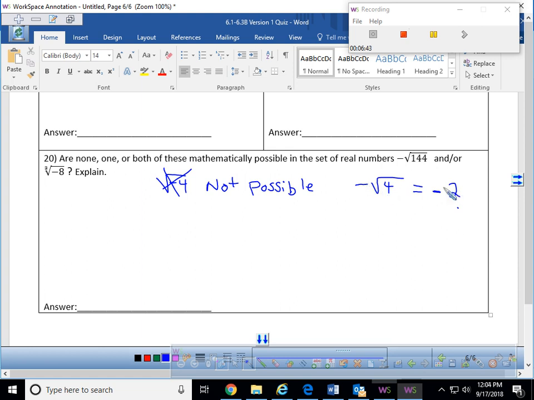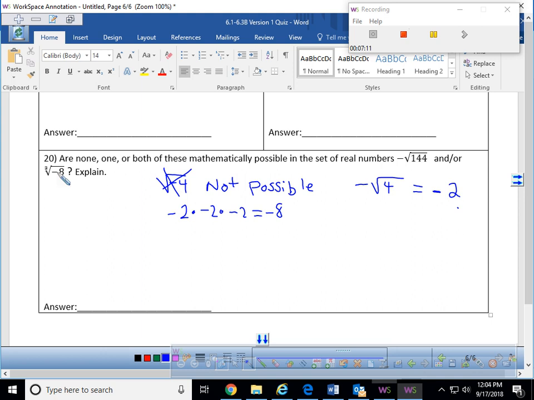Okay? Now, that doesn't hold true with cubed roots, because remember what a cubed root is. A cubed root is a number times itself 3 times. So if you're looking, let's say, at the cubed root of -8, what number times itself 3 times equals -8? Well, you guessed it, -2 times -2 times -2 equals -8.